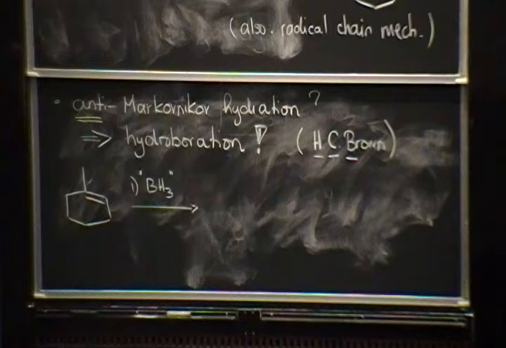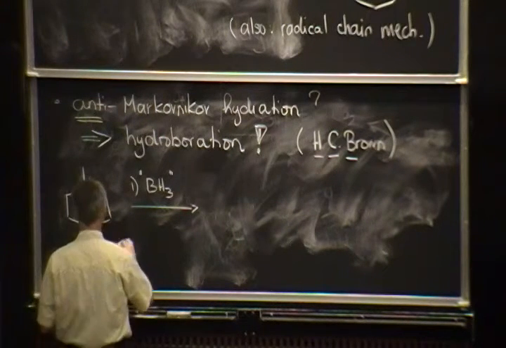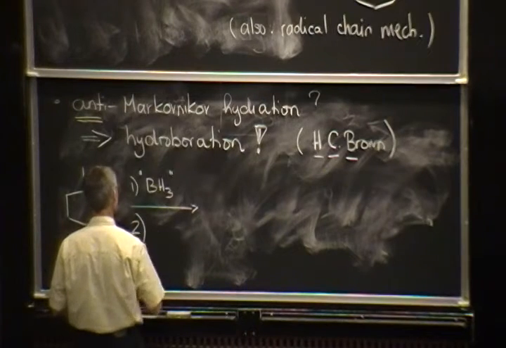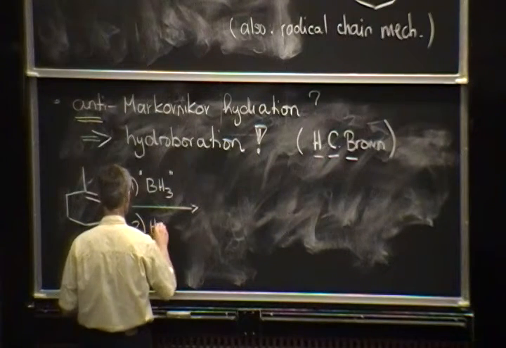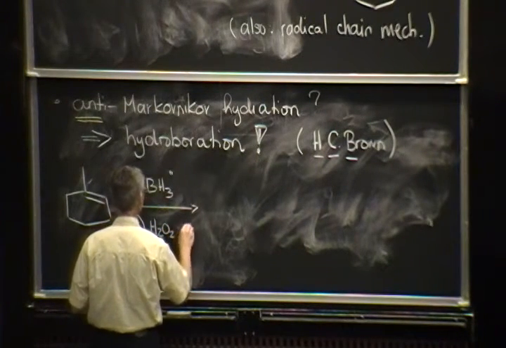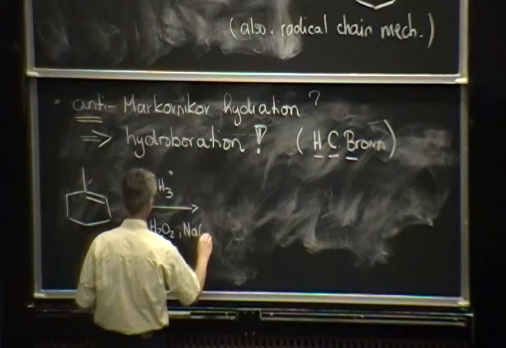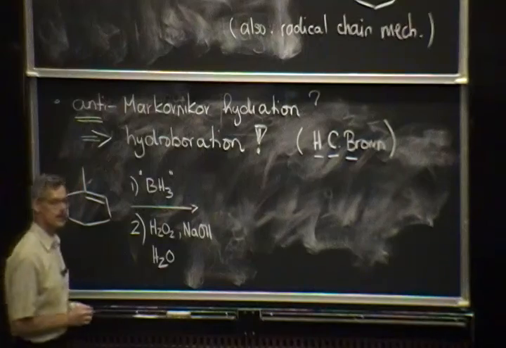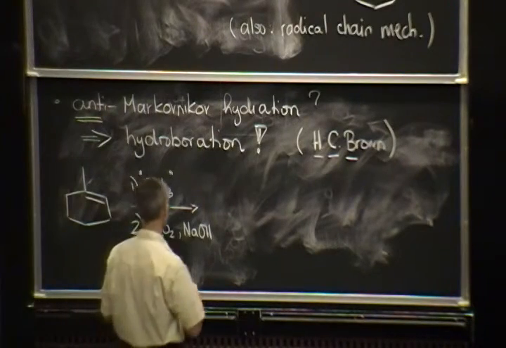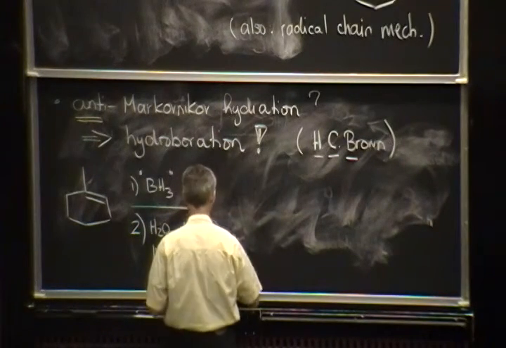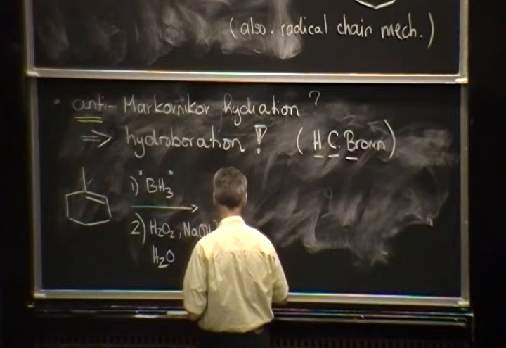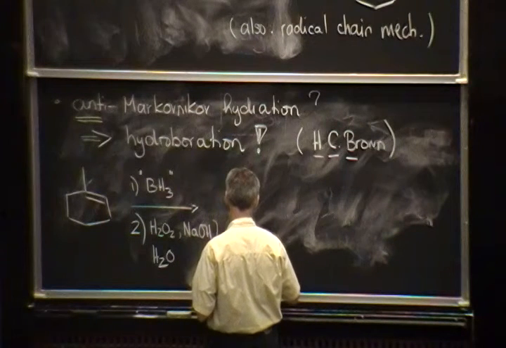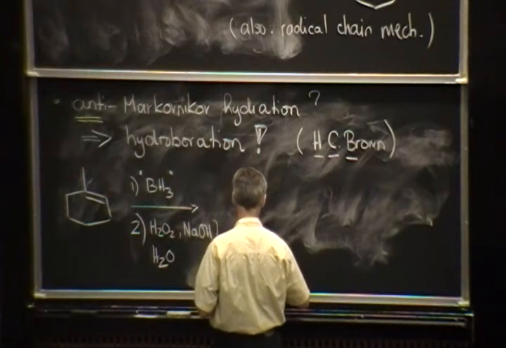But I'll get back to that in the reagent discussion. And then I need a second step again, that's why I have a 1 here. In this case, it is hydrogen peroxide together with sodium hydroxide in water. That's being used in the workup, and so now this is an oxidative workup. That's different, of course, from the two reductive workups that we have looked at.